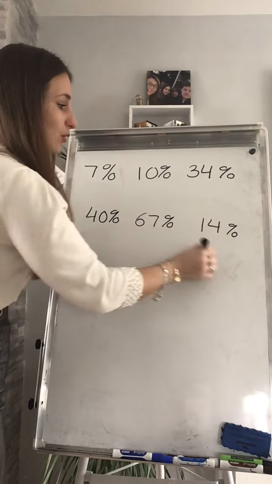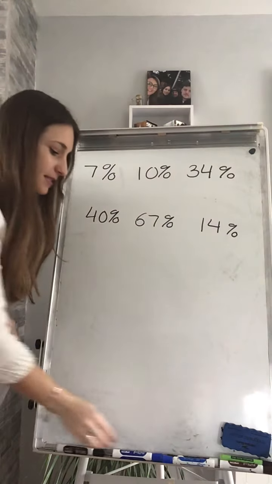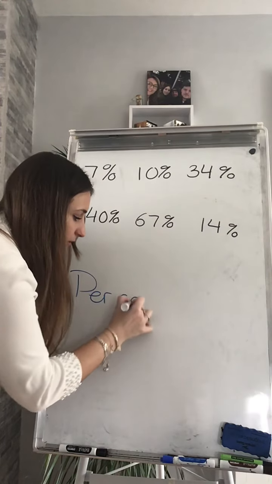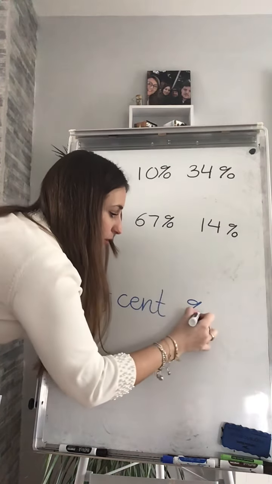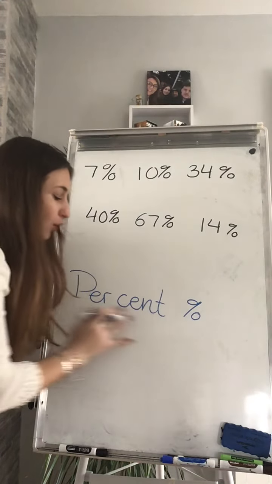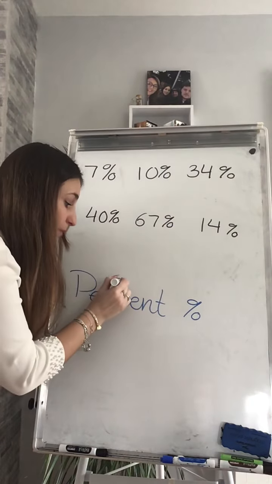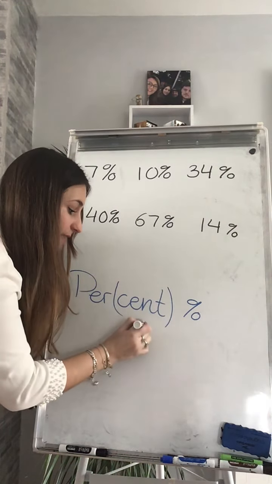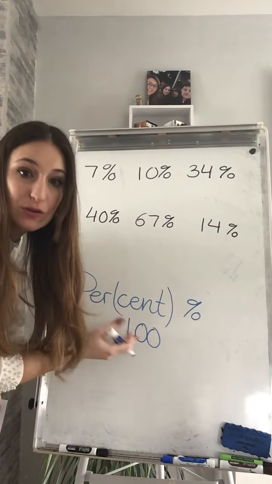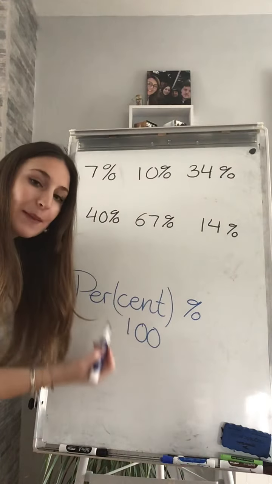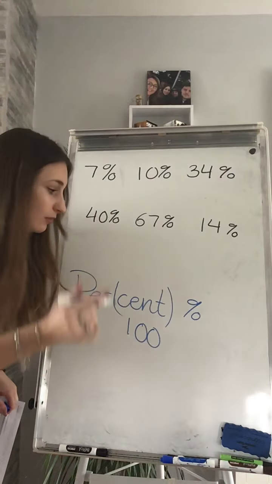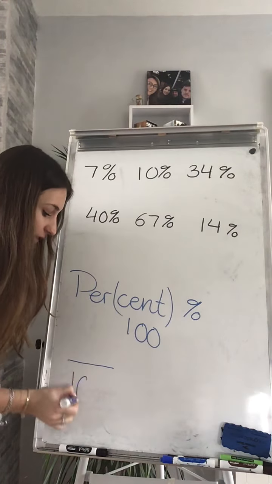So let's, for example, look at my 14. I did say that percent, this symbol, means from 100 or out of 100. So remember that cent is 100, so per 100. Out of 100 you have how many? So you know straight away that if you're having it out of 100, that is a fraction like that, isn't it?